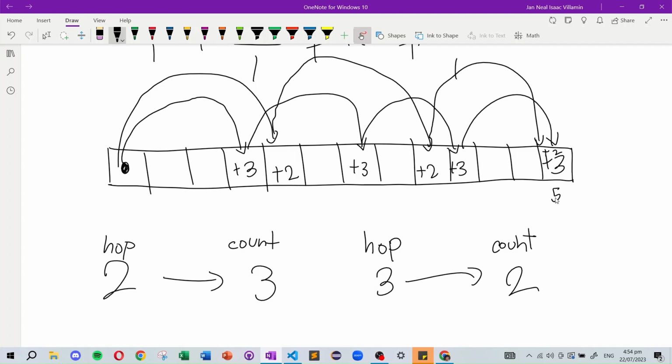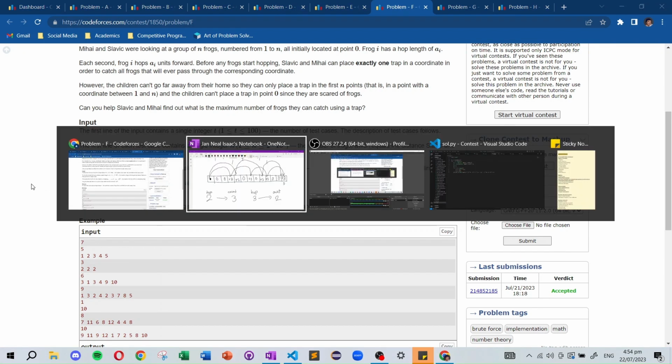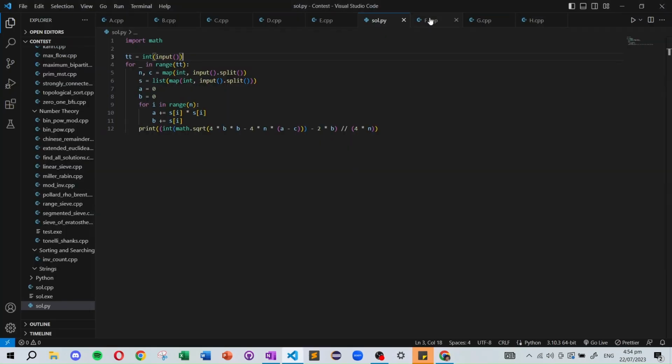All of these are initially 0 because we never hopped on them before. So in the end, we will find the point that has the maximum number of frogs that it got hit by. And that's basically the solution.